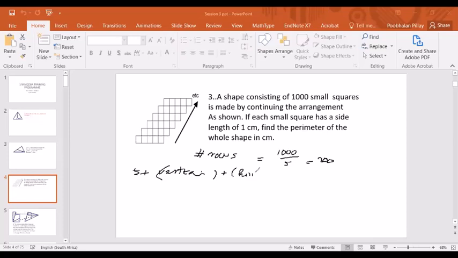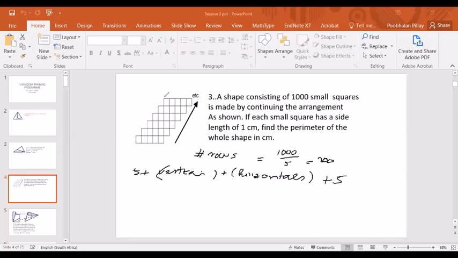That is what we need to calculate. And there's also a 5 here at the bottom. Plus 5. I take the top 5, take the bottom 5, and now let's do the verticals first.